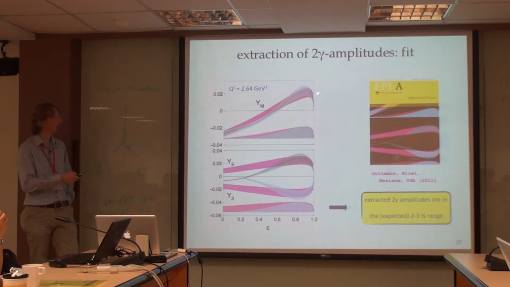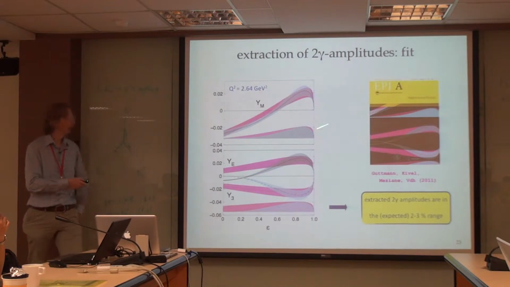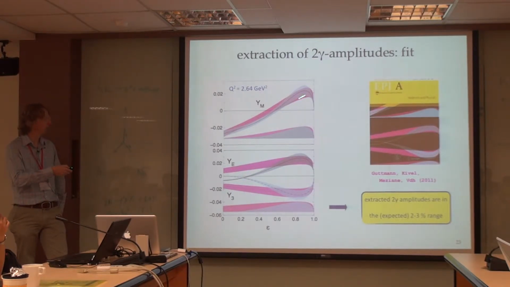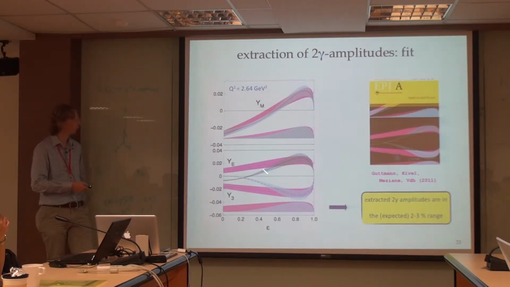In the range where there are data, the 2 bands coincide, but in the range where there are no data, there are ambiguities here, that's just uncertainty for once. And that's the systematic uncertainty, so this is shown here, the systematic uncertainty of the data. So the main result here is, first of all, the size. One gets an effect which is typically like 2%, and one has a linear dependence. This means that these 2 photon amplitudes are not constant, but they depend on this photon polarization parameter, or the energy variable.